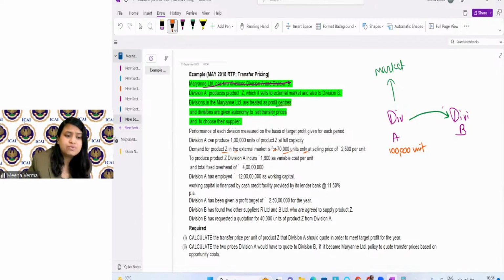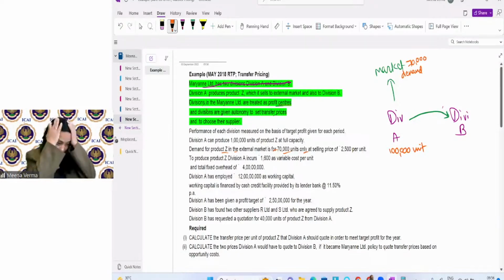Achha, here demand is what? You can see when you prepare a diagram in this way, how easy it is to understand. Otherwise, it was so difficult. When we did just a plain reading, it was so difficult to understand what they are saying. But if you make a diagram, it is so easy. What is the external demand? 70,000.